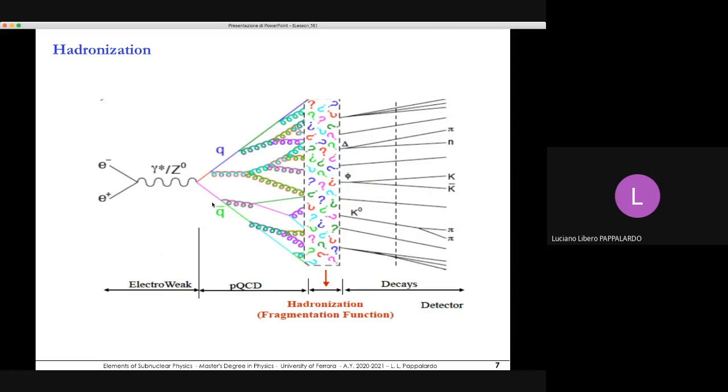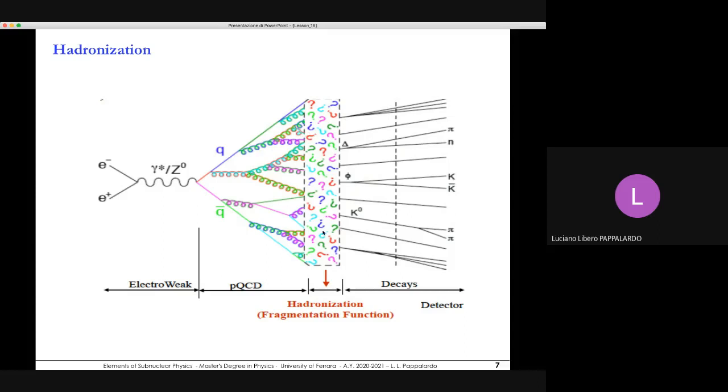Now we have our quark-antiquark pair, and this is now the region of perturbative QCD, okay, where many many gluons are radiated, and so on. So this is where essentially the string starts to become a flux, okay, and the two quarks separate.